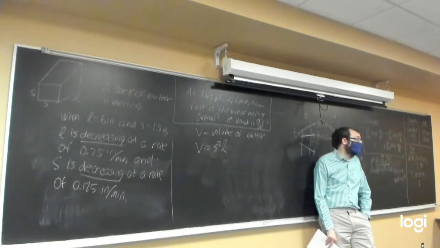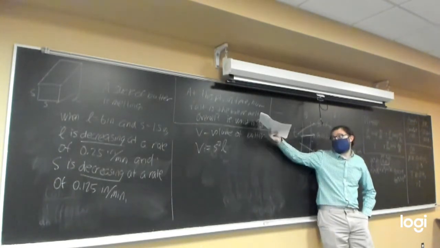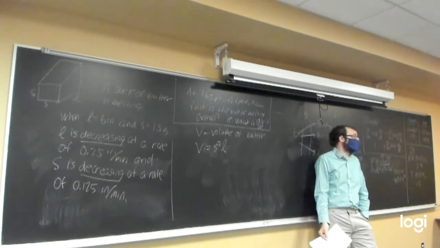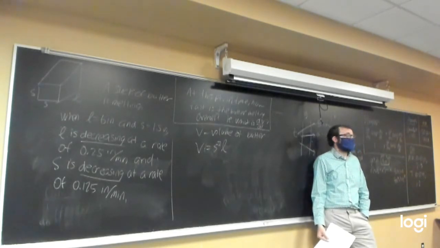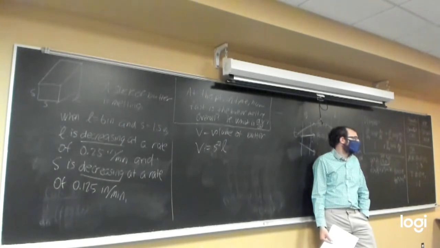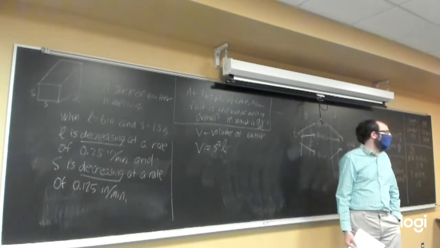So Sarah, if we wanted to differentiate this with respect to t, to tell us how the volume is changing over time, what would we get? I think we would get a bit of a mess. Yeah.